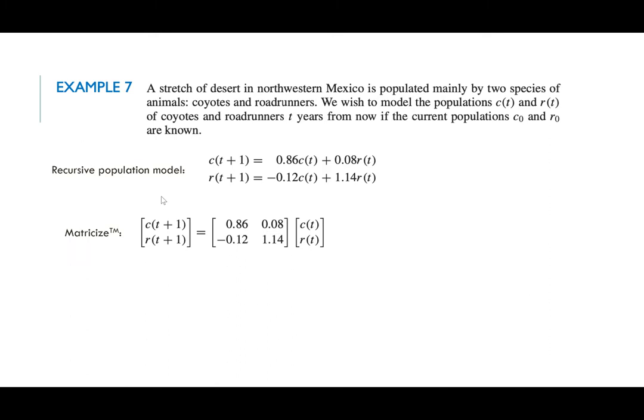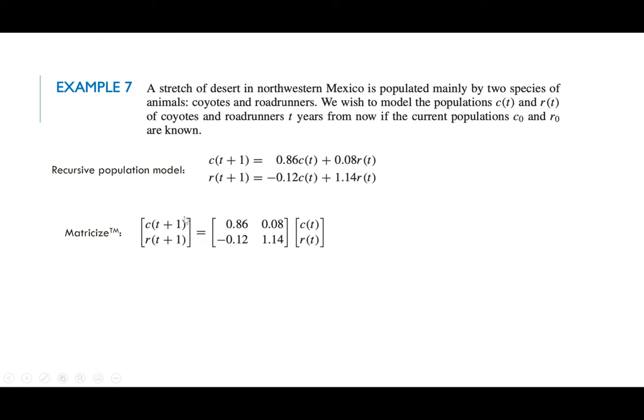So, okay, we're in linear algebra. Let's matricize this. Doing that, all right, we have our matrix of coefficients, and we have this vector C of t, R of t, and matrix multiplication of this vector will get us the population 1 year later.